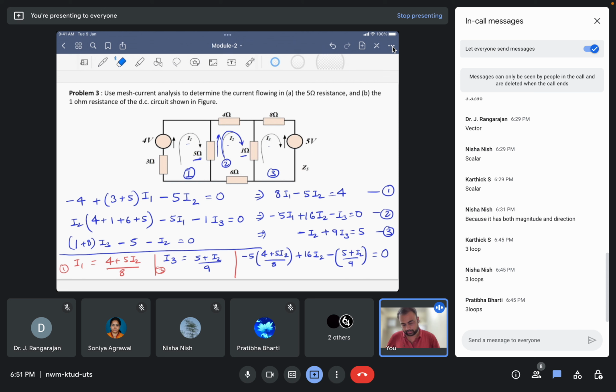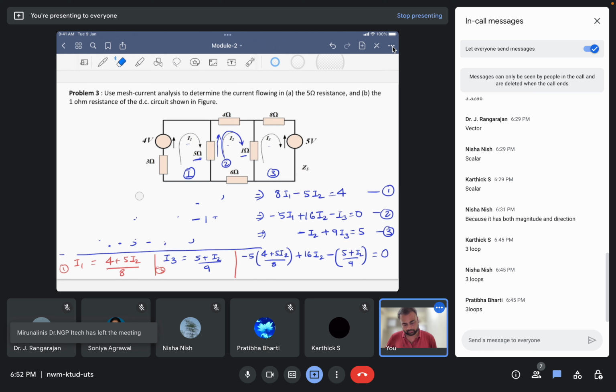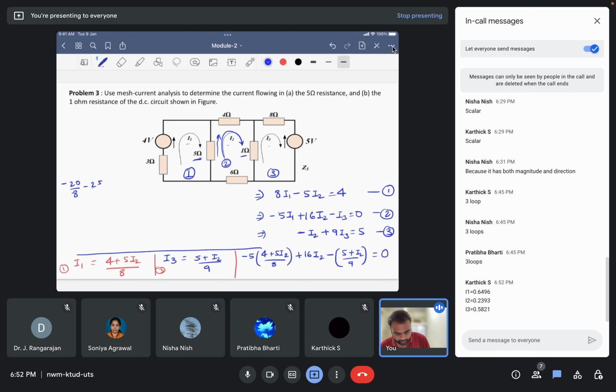So I'll be erasing the left side. On the left side, I'll write the equation in a much more simplified manner. So this is 5 multiplied by 4, minus 20 by 8, minus 25 by 8 I2, plus 16 I2, minus 5 by 9 and minus I2 by 9 equals 0.